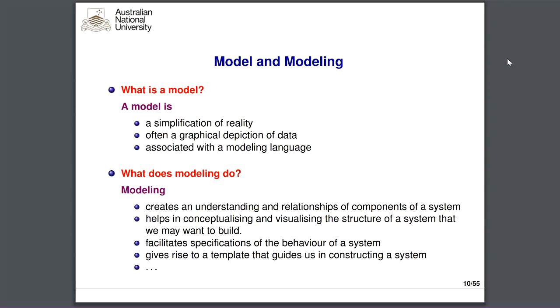There are many, many models. And what does a model do? Modeling is a process from something to reach something. It creates understanding and relationships of the components of the system, and helps in conceptualizing and visualizing the structure of the system that we may want to build.